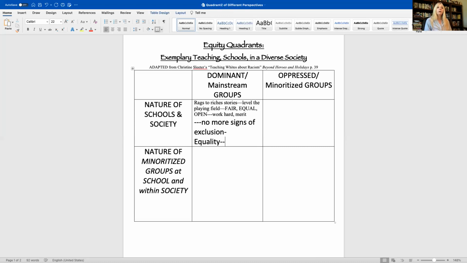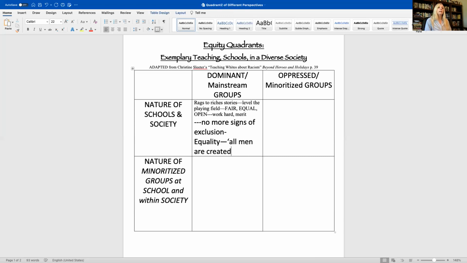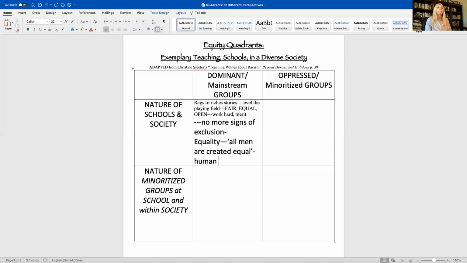And there's a lot of talk in our founding documents, all men are created equal. And of course, they did mean literally men, but we're going to put humans, all humans are created equal.